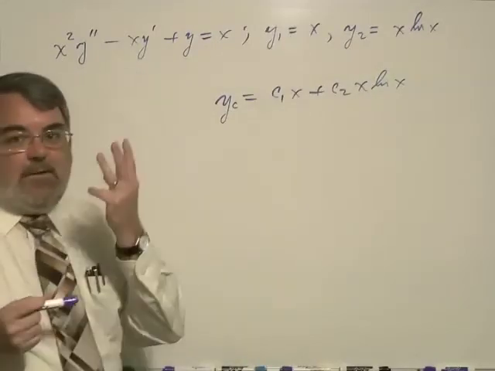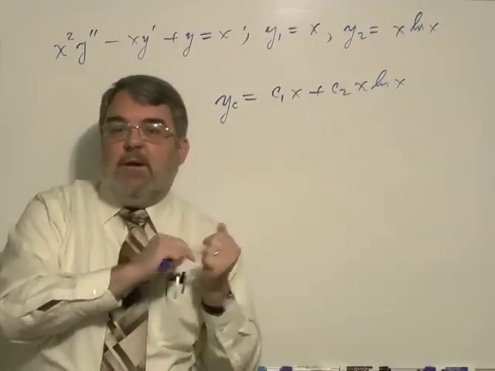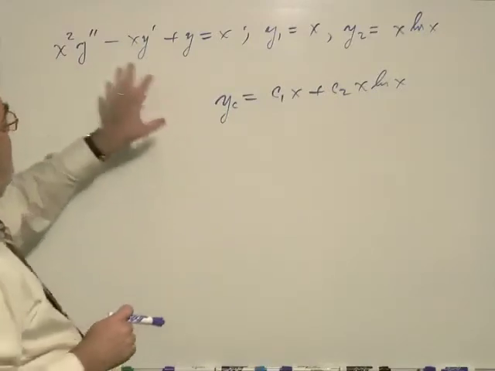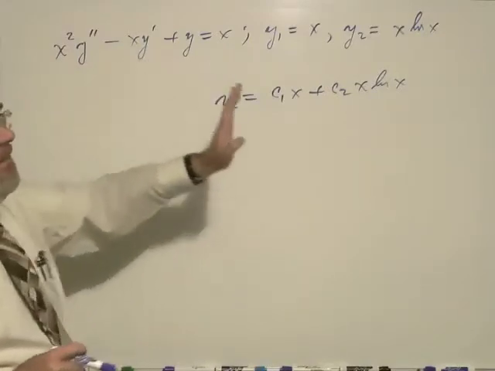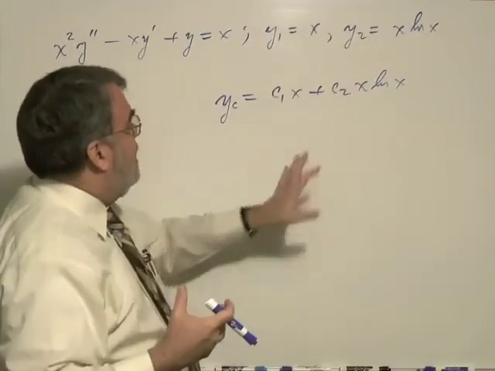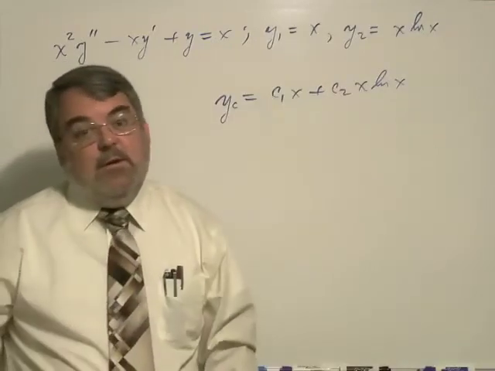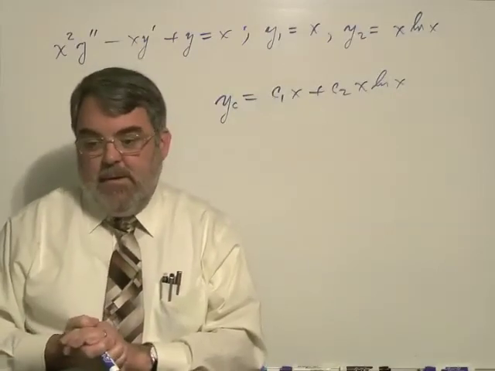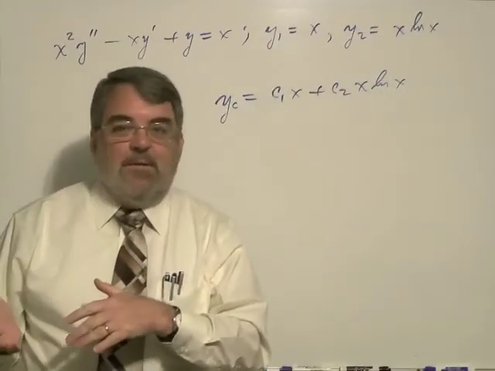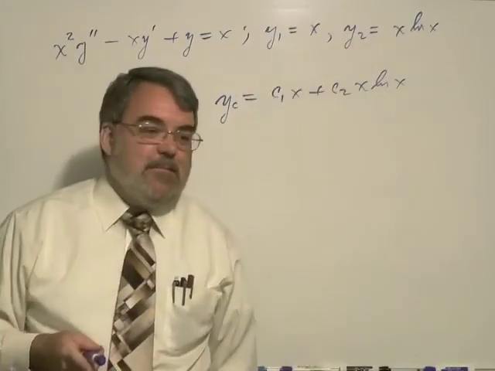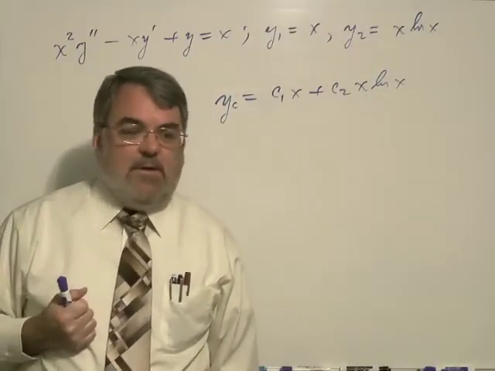So that's one of three little issues here I want to tie up loose ends on. It's possible to use this on other problems that do not have constant coefficients. What's required is to have knowledge of what the complementary solution is, and that's another issue right there. But the book gives you a few problems like this where this information is given to you. All right, that was one issue I wanted to tie up.